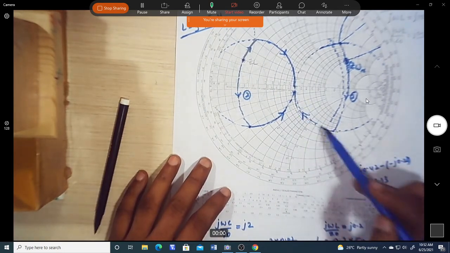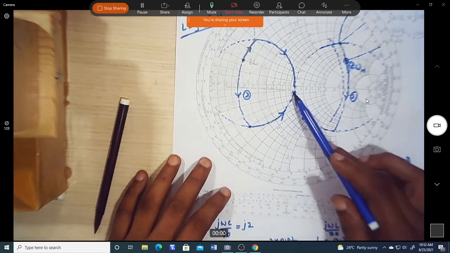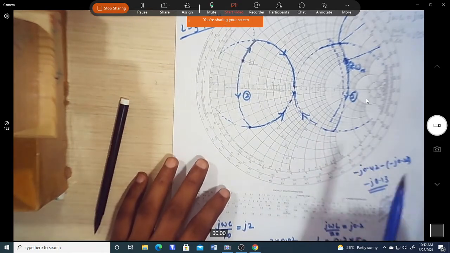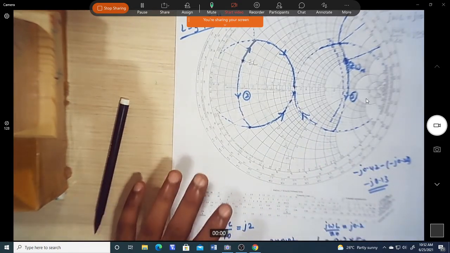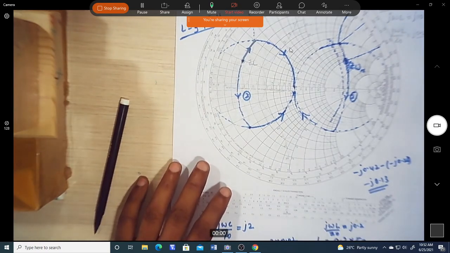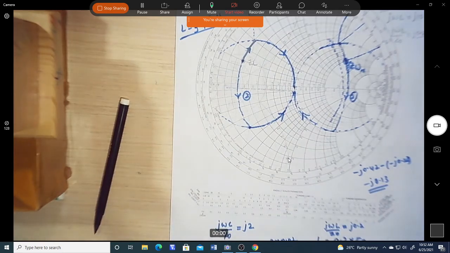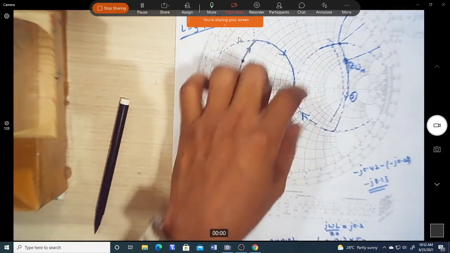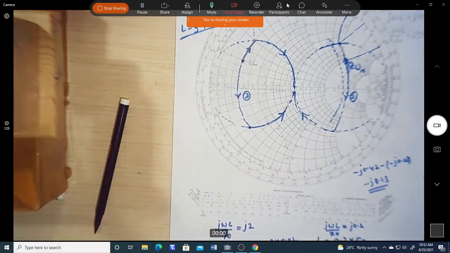Because it is an inductor, we find the series reactance and correspondingly the inductance value. Is it clear? Any doubt? Okay, try to find this solution, and you will get the values.